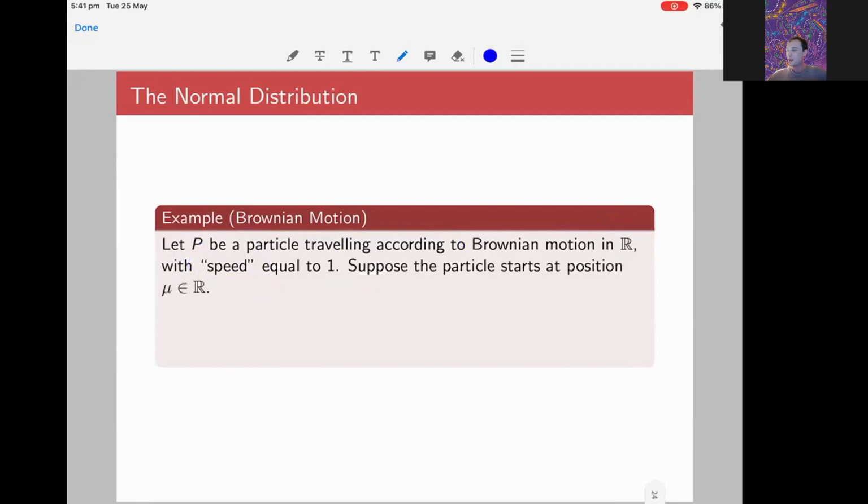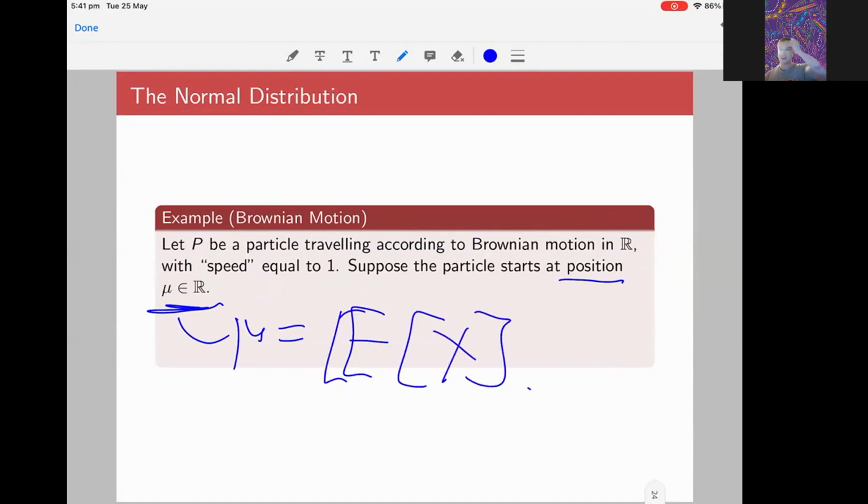So now you're thinking, well, what's the point of bringing up all these terms? Well, let's suppose we're going to start moving towards explaining the relationship between Brownian motion and the normal distribution. Let's suppose that the initial position of the particle is at this point mu in R. I'm strongly hinting at where the normal distribution comes in. I'm thinking about this as the expectation of x, where x is some normally distributed random variable.